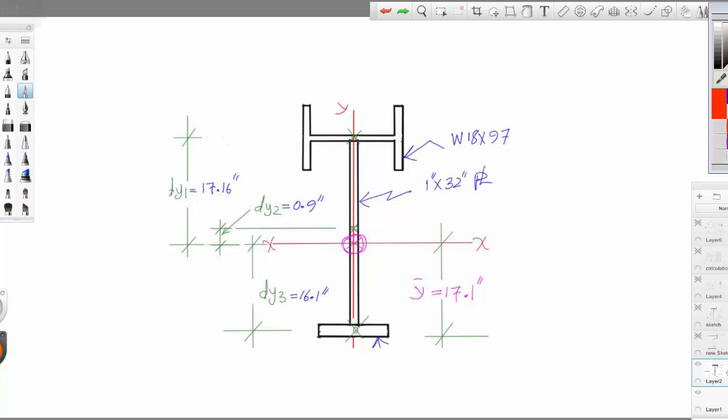So again, step number 1: from the equation we'll use a template.